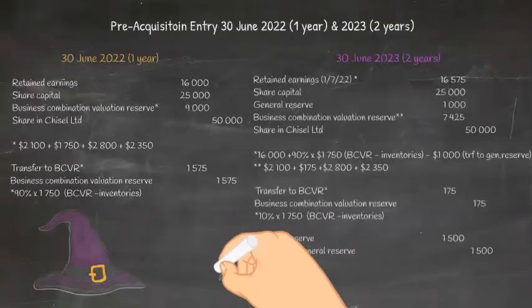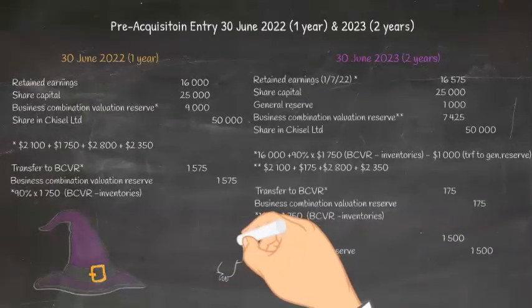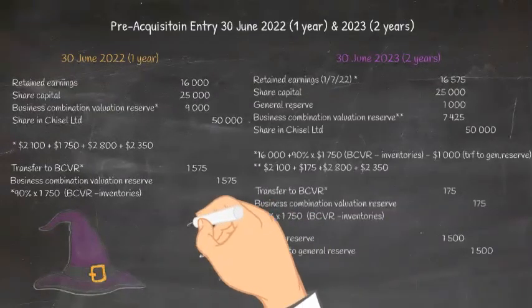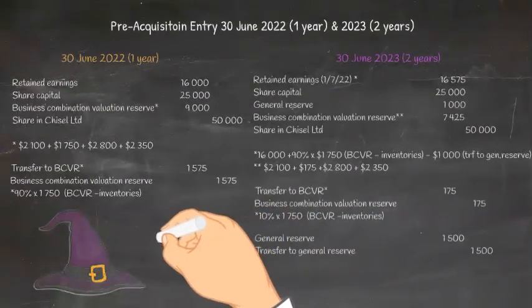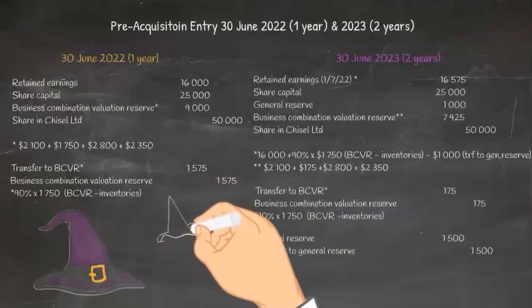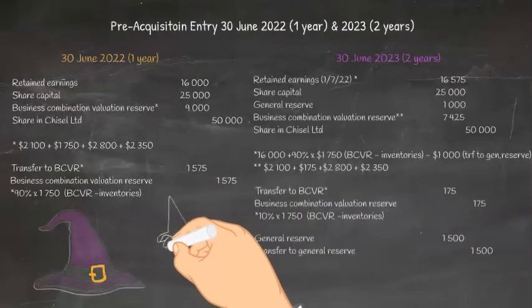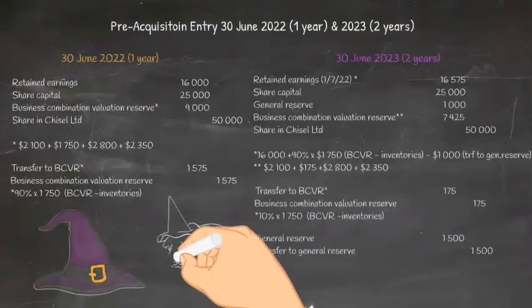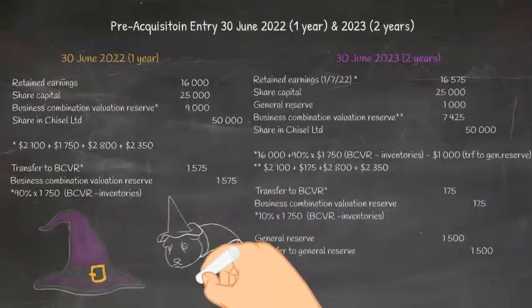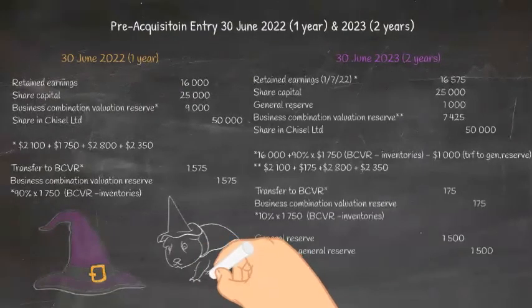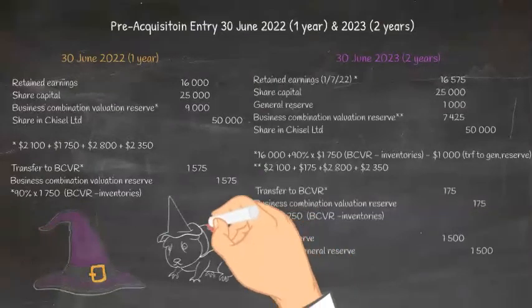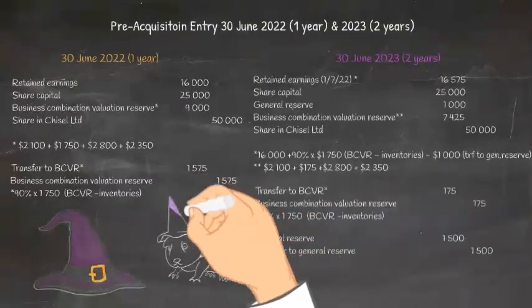For example, the current period transfer of $175 from BCVR due to the sale of 10% of inventory should be recorded in the debit column of the consolidated worksheet, and the 175 is then credited, inserted to the credit column under BCVR in the worksheet.